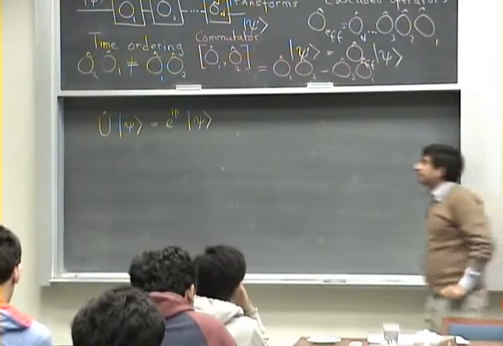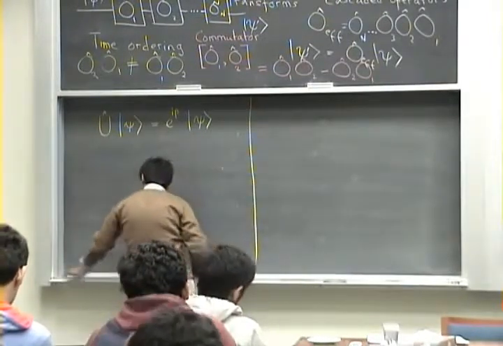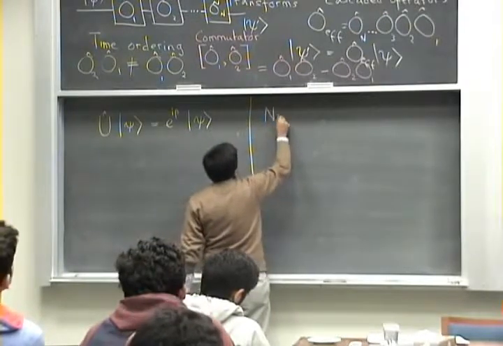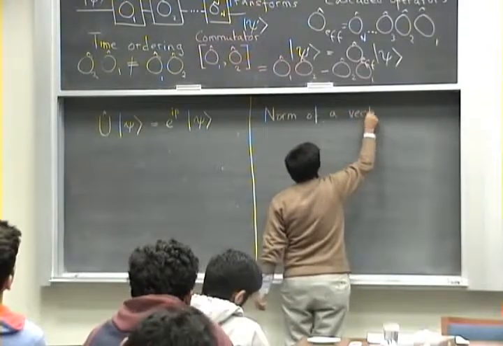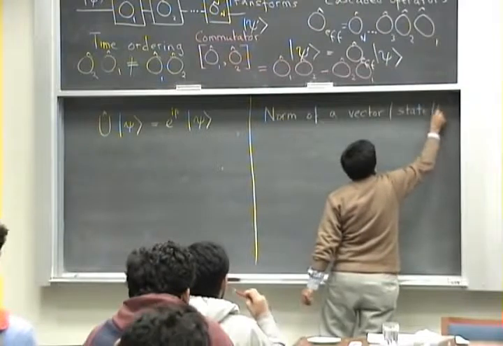Now we also know that we can define the norm of a vector or state. A vector is a state in the Hilbert space, or a ket.